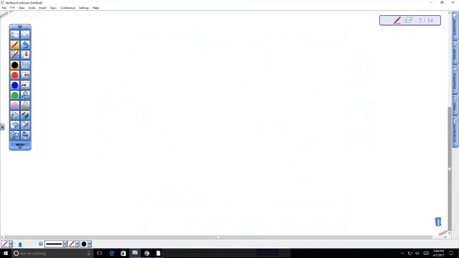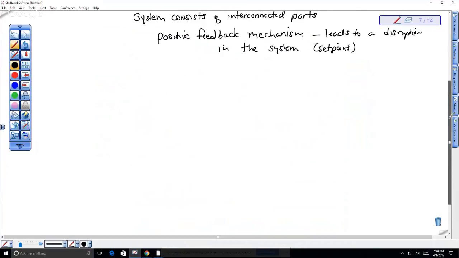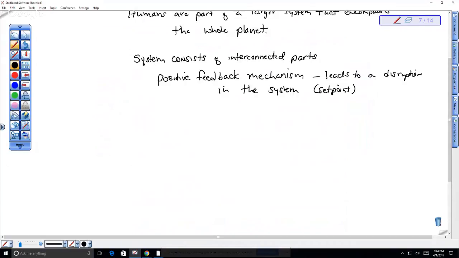But the positive feedback system means that a change in a variable, so let's say we have an increase in temperature. Okay. So this increase in temperature leads to permafrost melting.